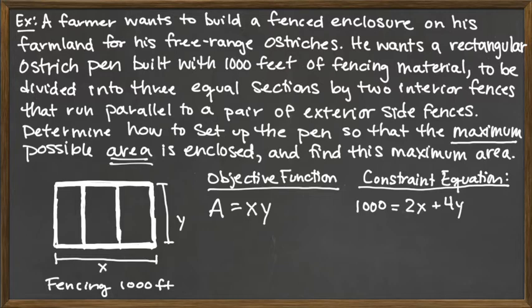And so in some sense it doesn't really matter at this point whether you solve the constraint equation for x or y. But let me just show you in a couple of steps why I choose to solve it for x. So first of all, I see that the 1,000, the 2, and the 4 have a common factor of 2. So if I divided both sides by 2, I could just have 500 is equal to x plus 2y.